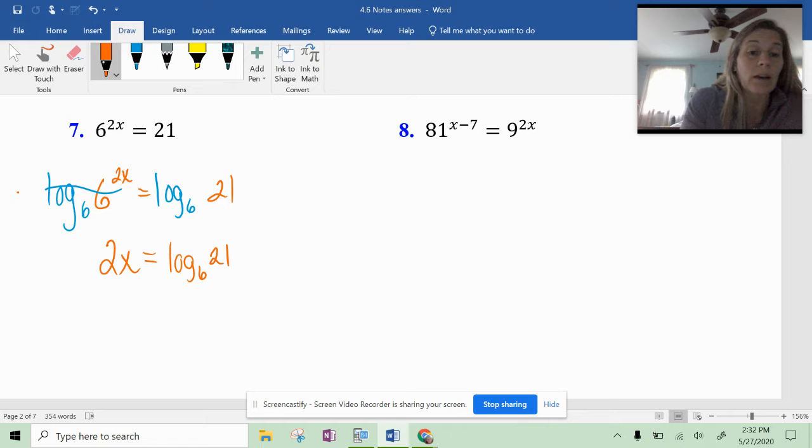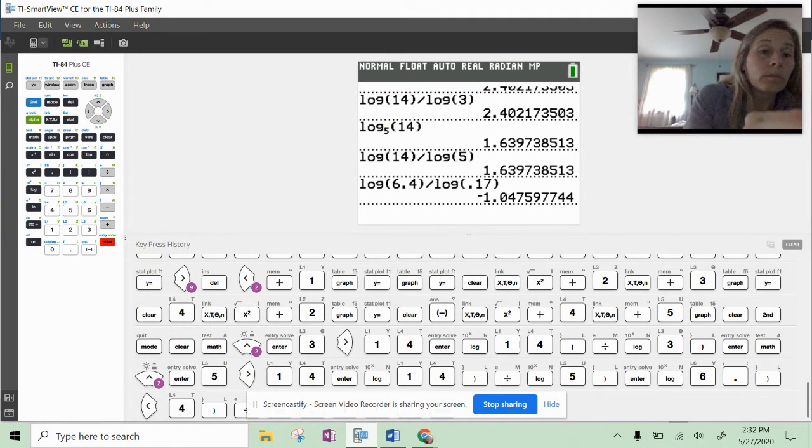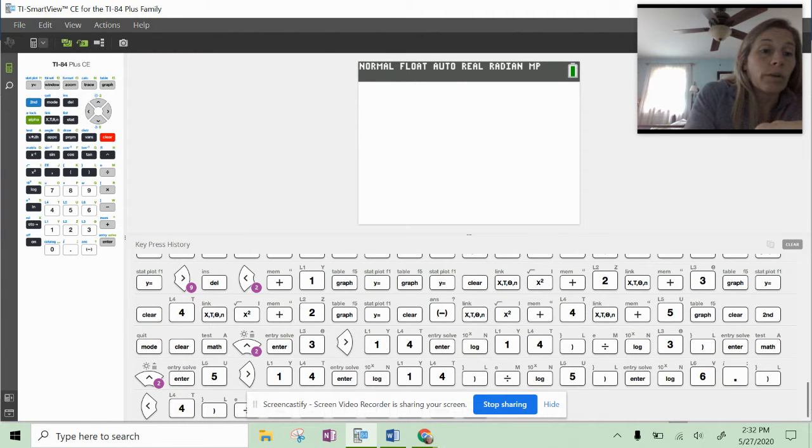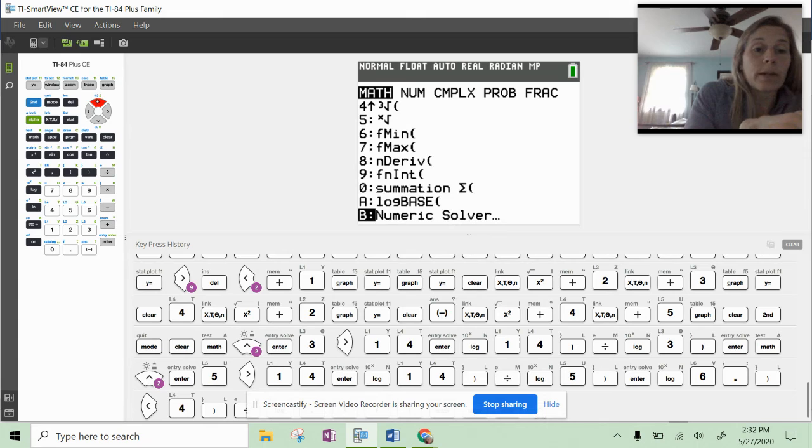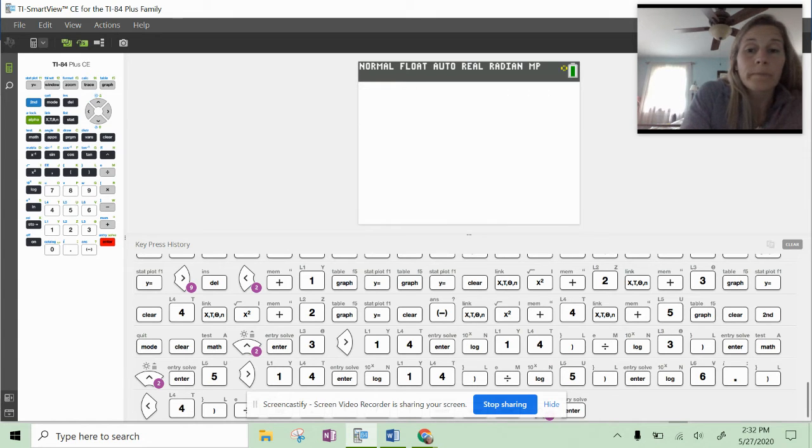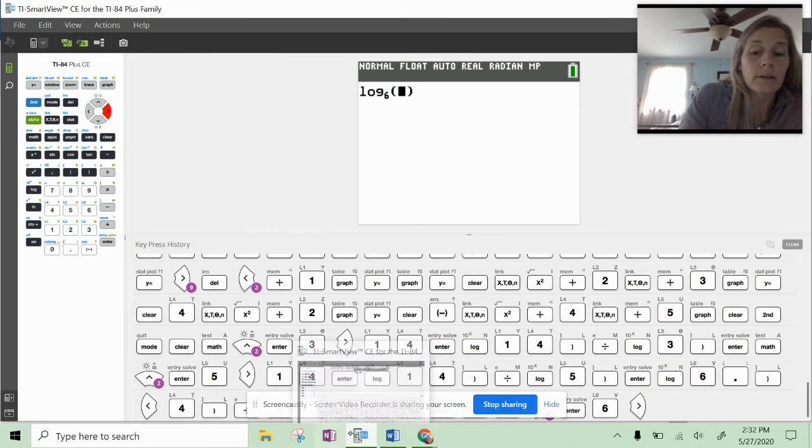So I'm going to have to put that in the calculator, and then I'm going to divide it by the 2. So log base 6 of 21, I'm going to use the newer function this time, but you can use change of base if you have an older version of a calculator. So I'm going to put in log base 6, and then we have 21.